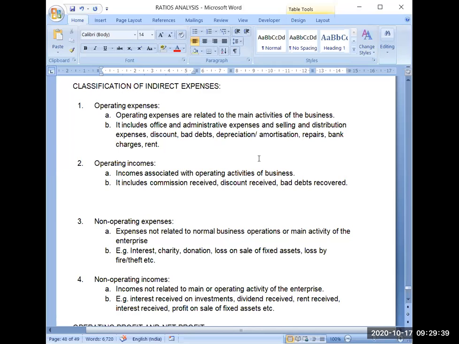And if you calculate the ratios with the help of these formulas, using these terminologies, then you will be comfortable within 2-3 days.